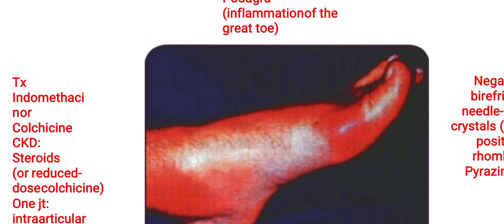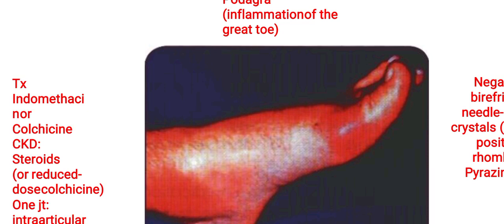So you have to carefully read the scenario and accordingly select the option. The initial treatment in the acute phase is indomethacin or colchicine for acute pain management, and steroids if it is chronic kidney disease.